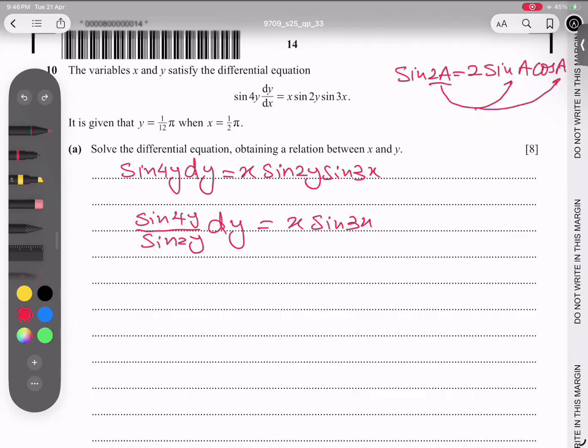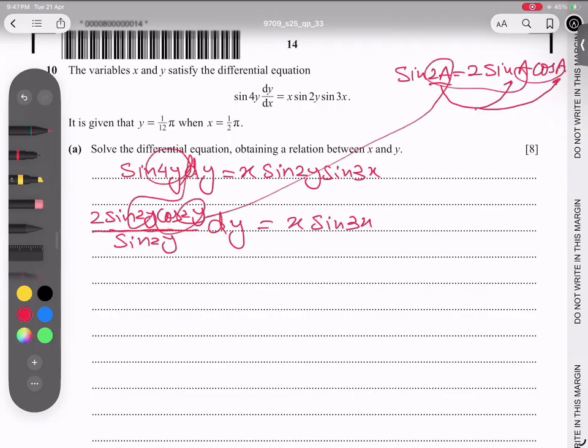I'm writing it directly. 2 will come automatically, you know very well, and sin 2y into cos 2y. You may ask the reason: because 4y is double of the half angle 2y here and here. So I think the idea is clear. And I can cancel this sin with sin, and I'm getting it here.